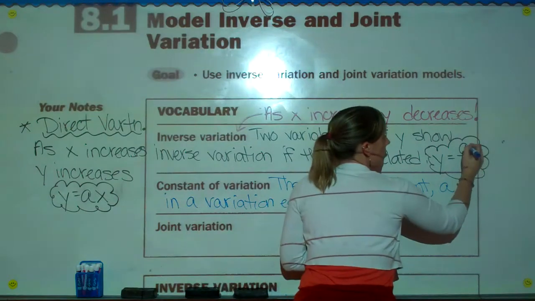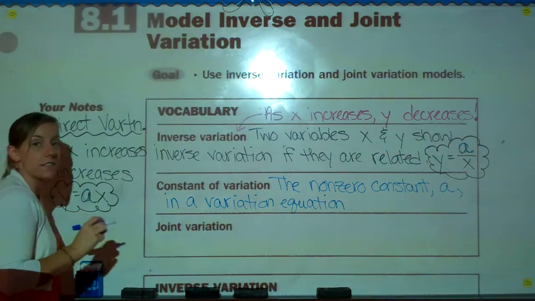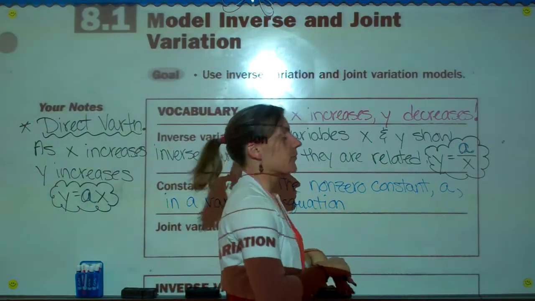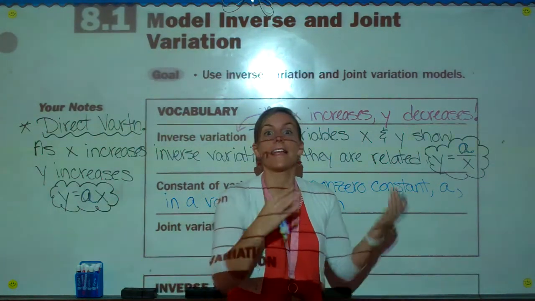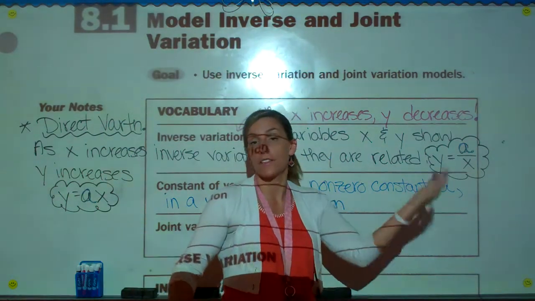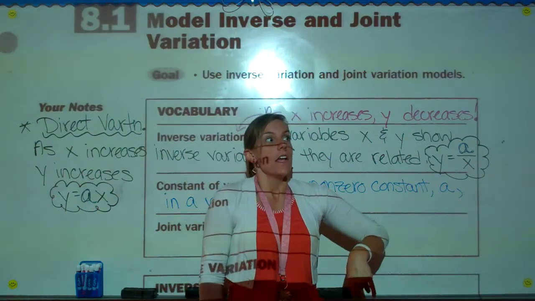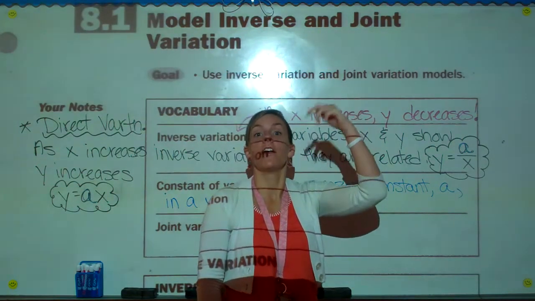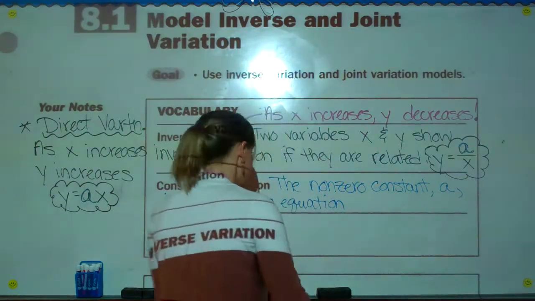It's the relationship between what's going on between x and y. Like in buying gas, the gas price would be the constant. It doesn't change. It's the same amount whether I buy 2 gallons of gas or 15 gallons of gas. For the inverse, if it was like mowing the lawn, the amount of time it took would be our constant, because you would just be dividing the time by the people.